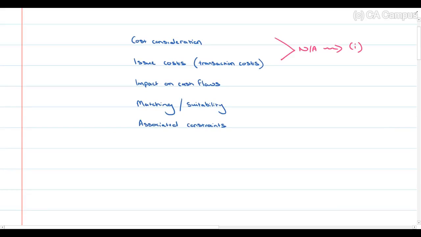Then the next heading that you need to consider is the risk profile of the company or capital structure. So let's discuss the loan first. The loan will obviously be classified as debt finance.